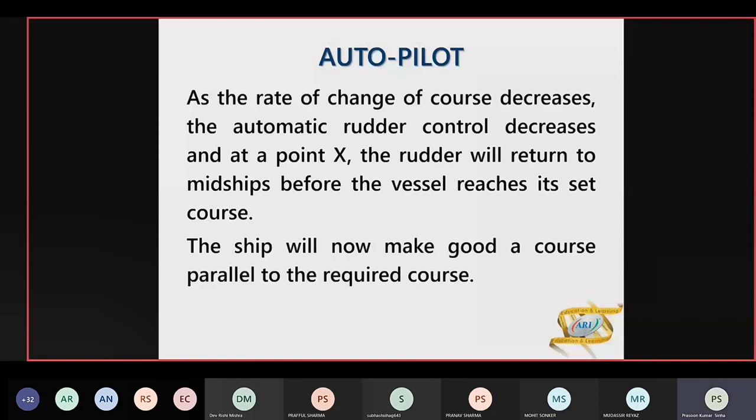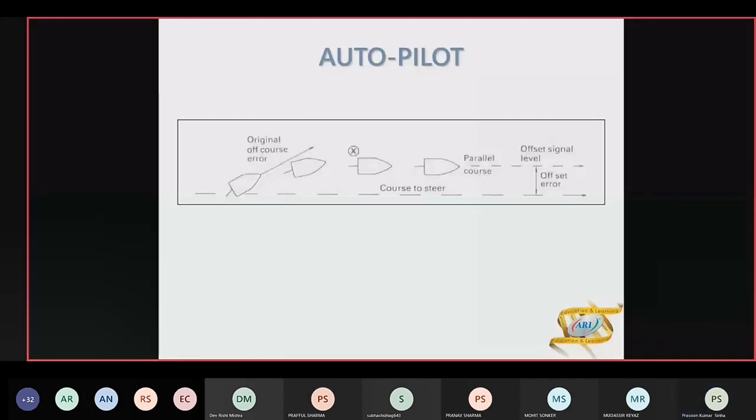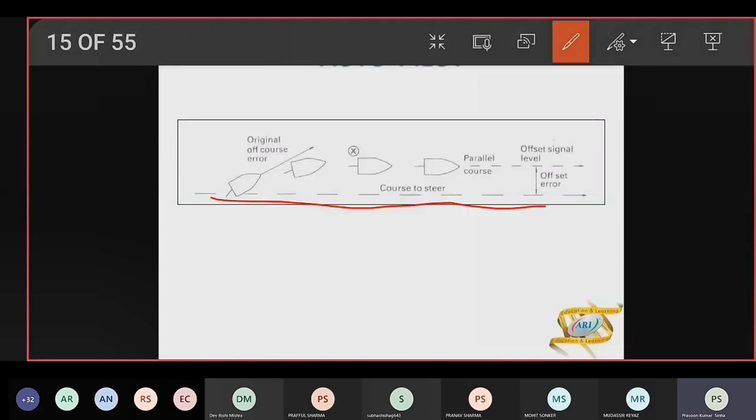What happens when she is coming like this? She is settling on the course. She had gone out of the course, corrections were done, and she starts running parallel to the track that we have laid down. So the course to steer was this.